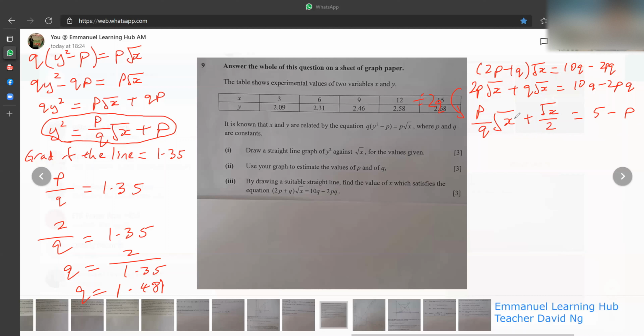Okay, I do this so that this term will appear. P over q root x, P over q root x appears already, plus my p. I'm going to bring my p over, is equal to 5 minus root x over 2. So this whole thing is actually my y square.